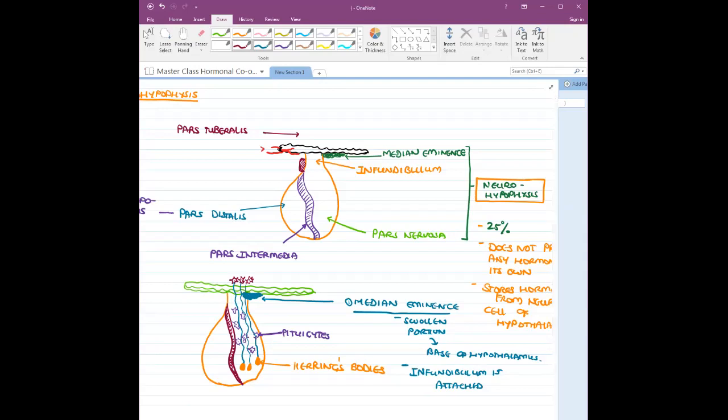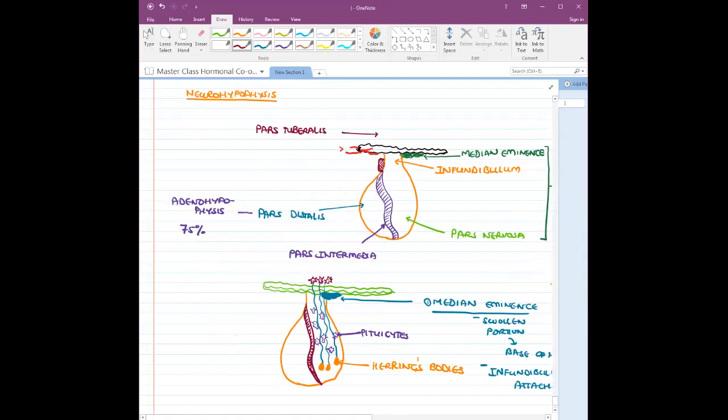The second part is going to be the most important part, that is your infundibulum, because it is what connects. I will put this part over here. This infundibulum, guys, is a very fragile part.